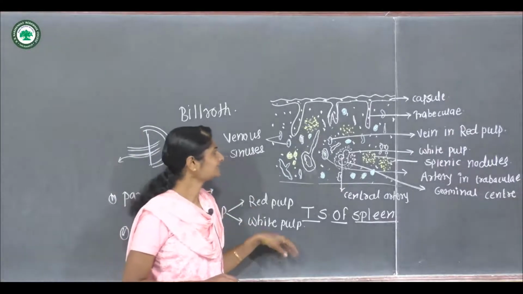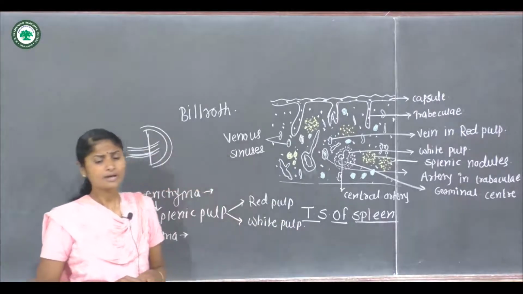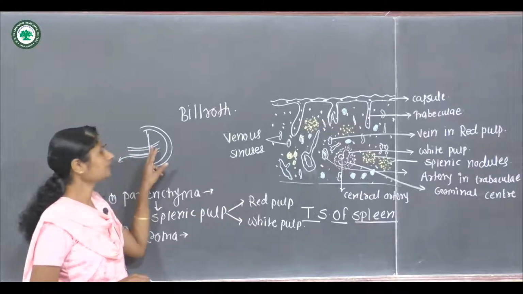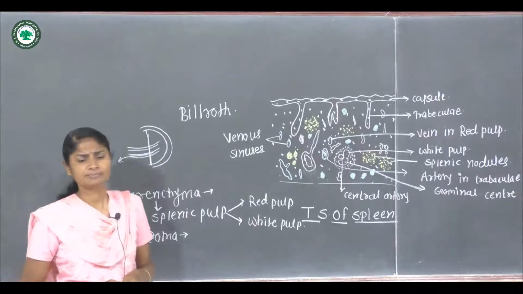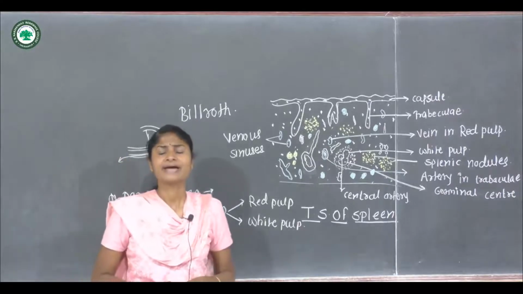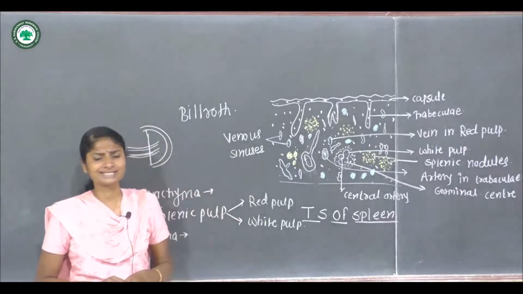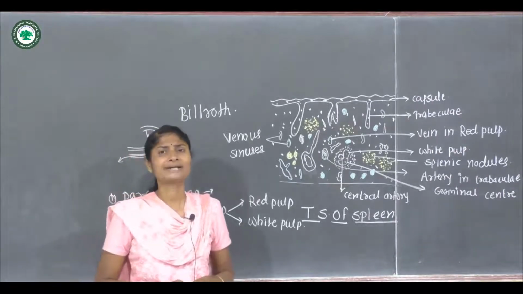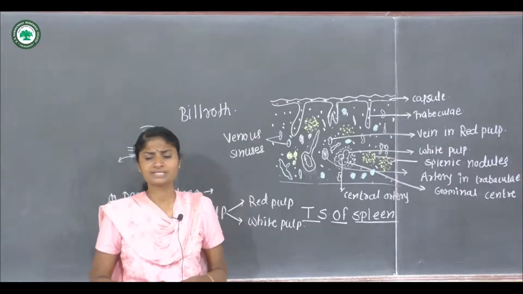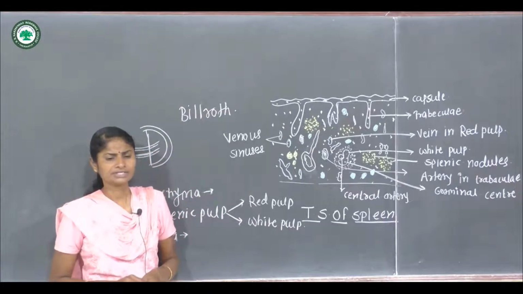Next part is the blood vessels present in the spleen. Through the hilum, splenic arteries enter the spleen and divide into branches which enter the trabeculae, becoming trabecular or interlobular arteries.